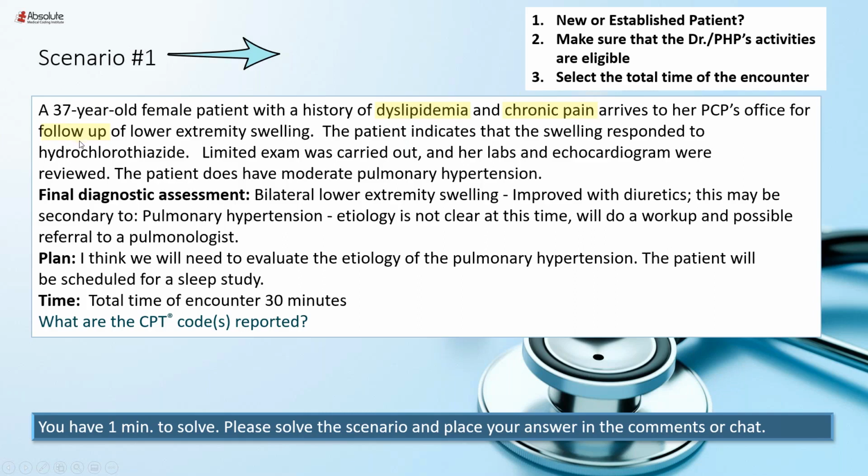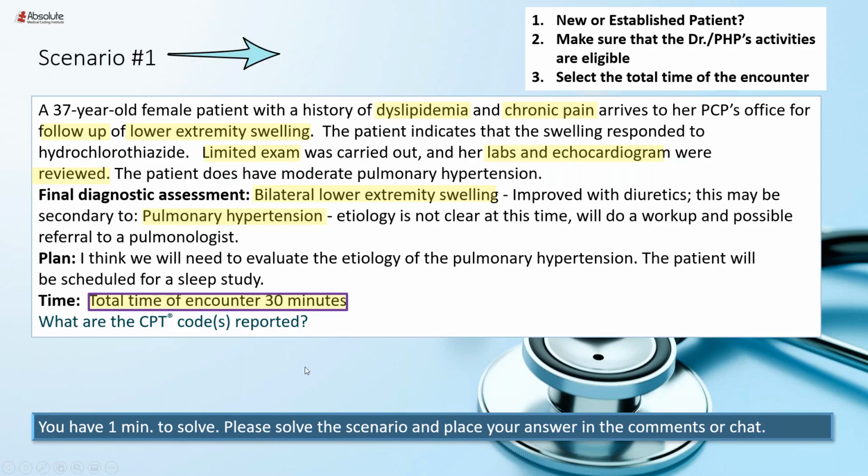Follow-up keyword: lower extremity swelling. Limited exam, labs and echocardiogram reviewed, bilateral lower extremity swelling, pulmonary hypertension, and the most important of them all, total time of encounter, 30 minutes.